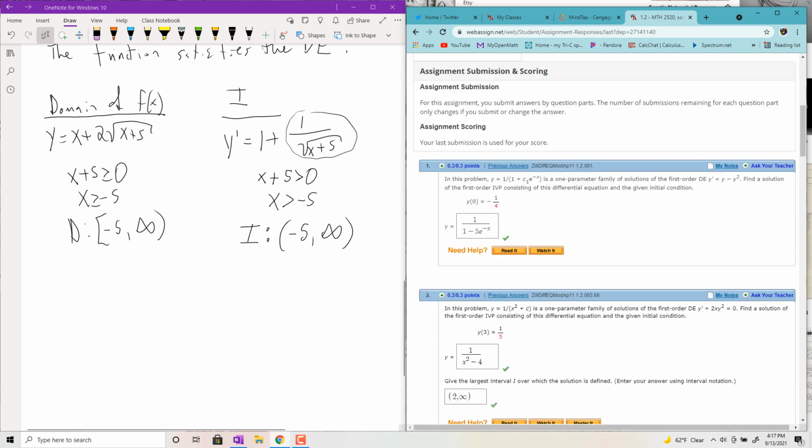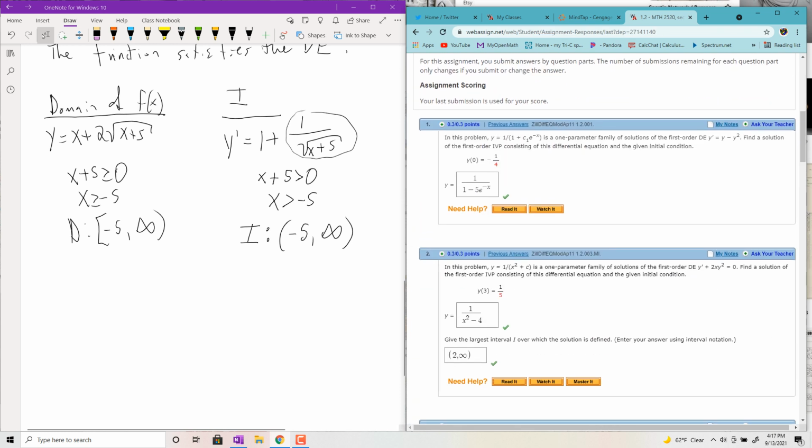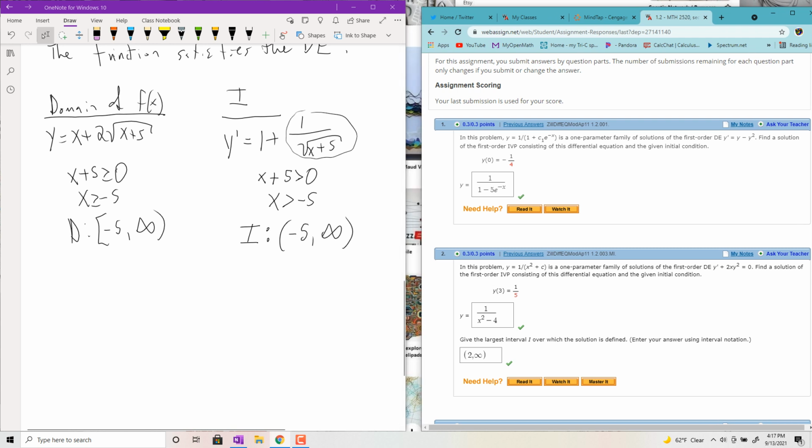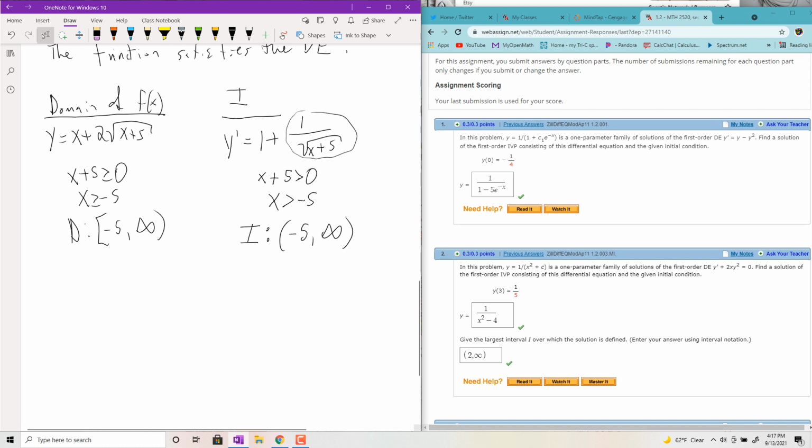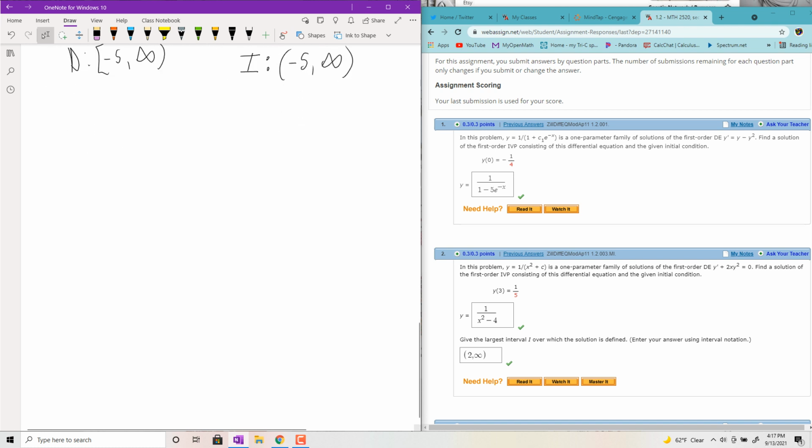In 1.2, we were finding particular solutions to initial value problems. Again, you may be called upon to determine the interval of definition. If there's more than one interval, it'll be the interval that includes the initial value.